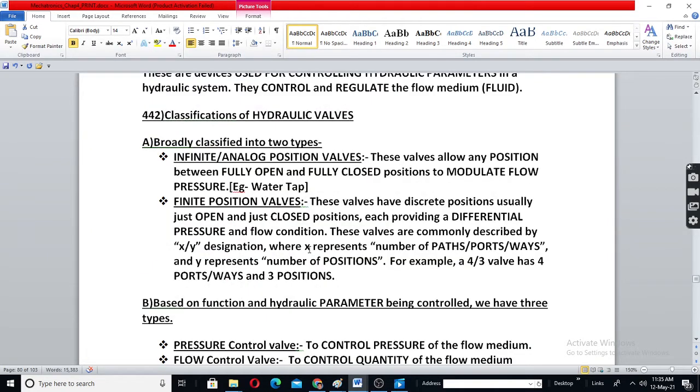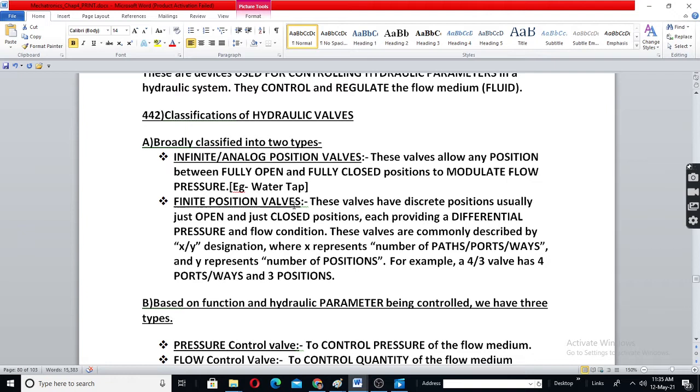Hydraulic valves. You have infinite position valves, means they will rotate continuously from open to close position and allow the rate of flow of fluid from fully open to fully close.